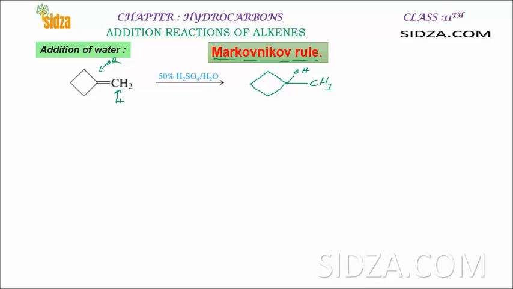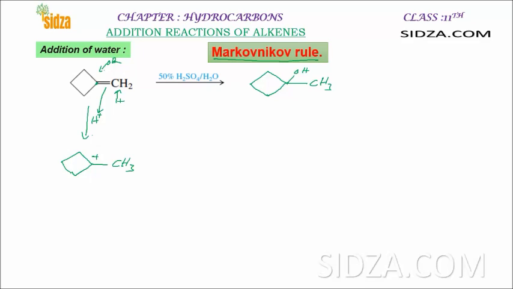So let's see again the mechanism. In the first step, what do you get by the attack of a proton? When the proton attacks on it, you get a carbocation like this. CH2 will change into CH3 and this particular carbon gets a positive charge, a carbocation.